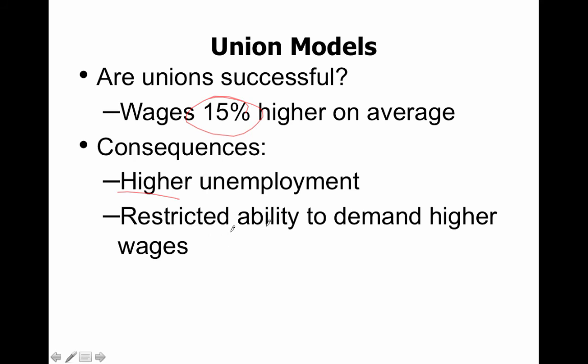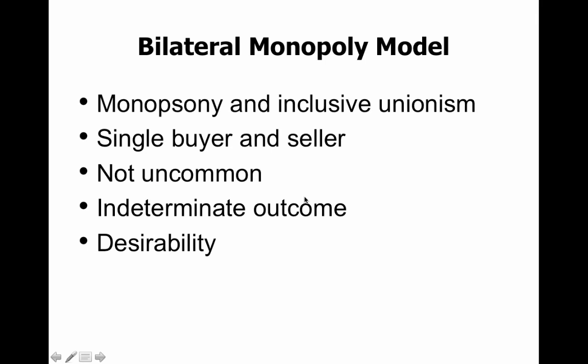And of course, there's a tempering effect here, because the union workers eventually will stop asking for higher wages, because if they ask for unreasonably high wages, then a bunch of their union members will wind up being unemployed, right? So they can ask for more, but they can't ask for too much more, and that, you can argue, is good. Now, the last thing that we're going to cover in this chapter is the bilateral monopoly.